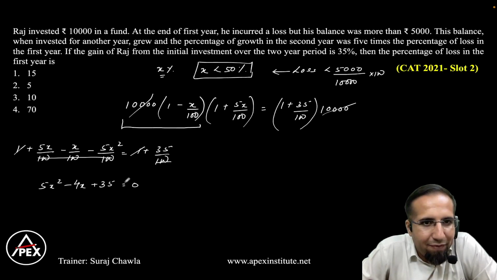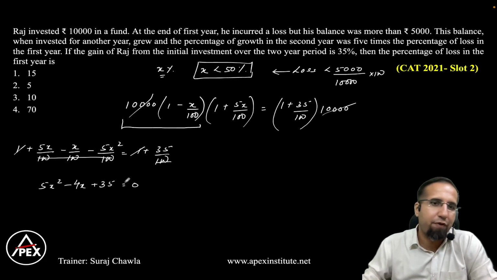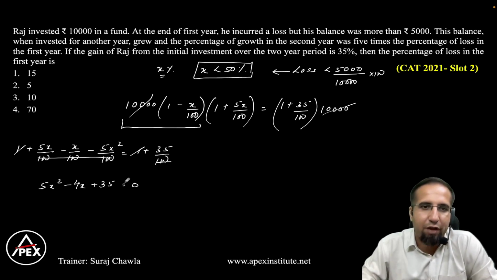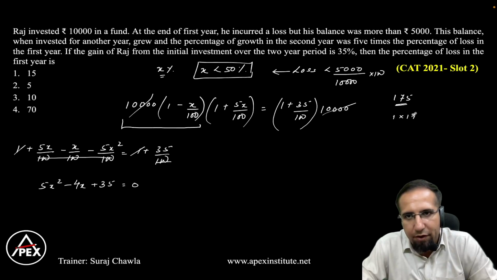Clear? Or can we simplify this further? Okay, let's keep it like this. So 35 into 5 will give me 150 plus 25, that is 175. And I want two such numbers whose gap is 4. So 175 can be written as 1 into 175, or this can be written as 3 into something. 8 plus 5, 13.